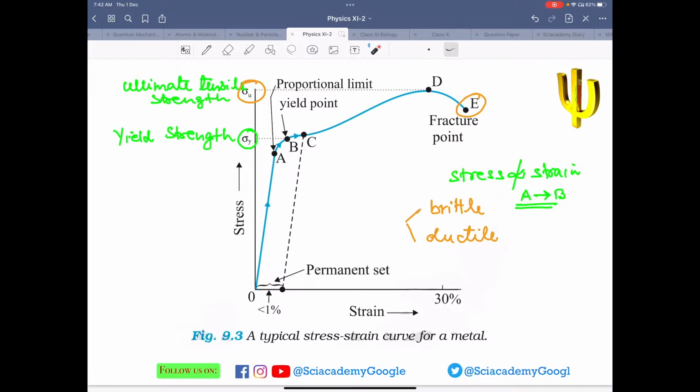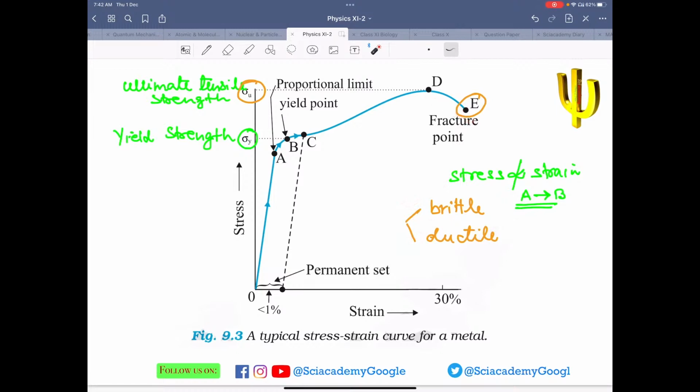It is asked in various exams about brittle and ductile material, and you can correlate the brittleness and ductility of the material with the ultimate point, ultimate tensile strength, and fracture point, right? So it can be asked for which material the distance D and E will be less, brittle or ductile.